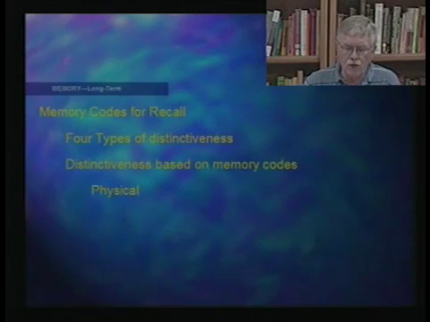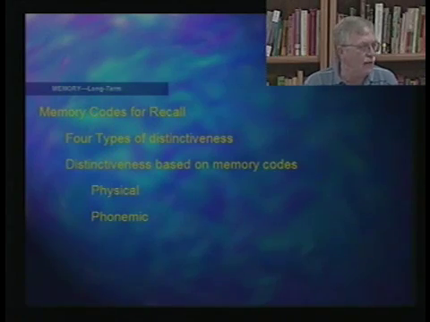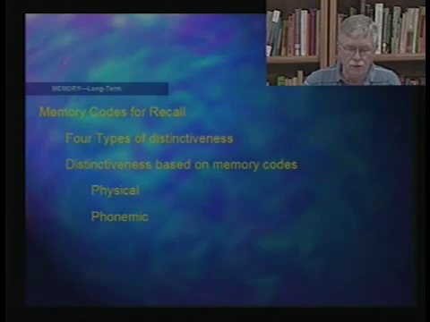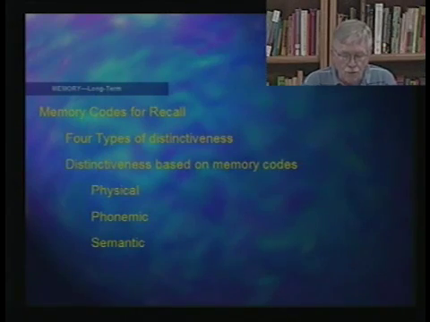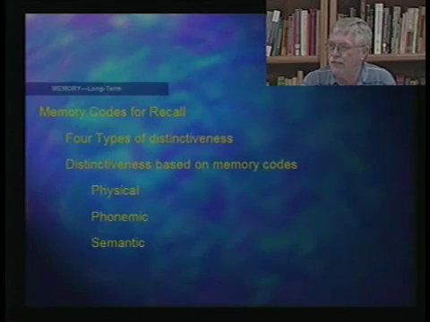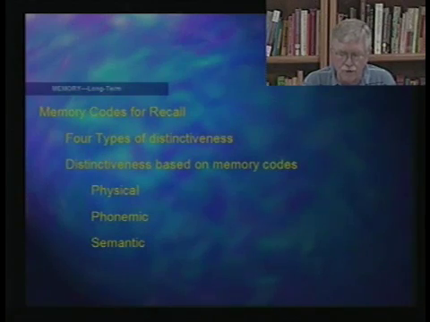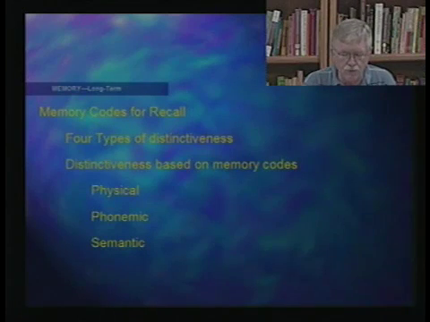A second code are phonemic codes that can be utilized, where we play on the sound of the word, the actual sound of the word that we are trying to remember. And in other cases, as we'll see, we can actually manipulate the meaning of the words, the terms, the events that we are trying to learn, so that the meaningfulness of the encoded information can make it easier to recall.